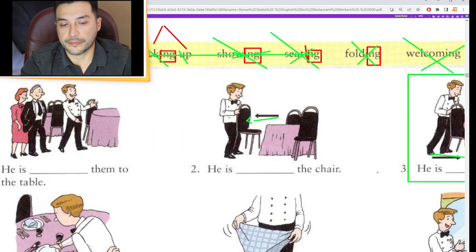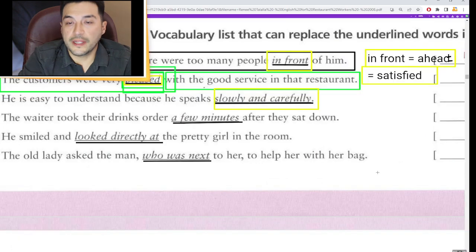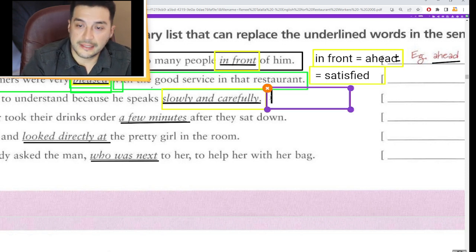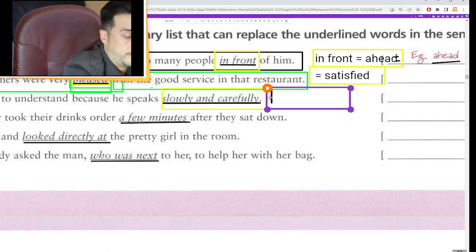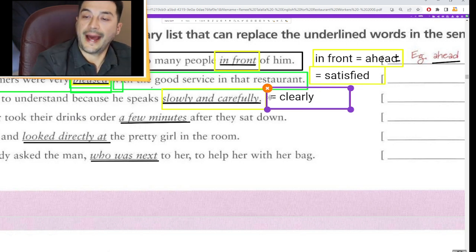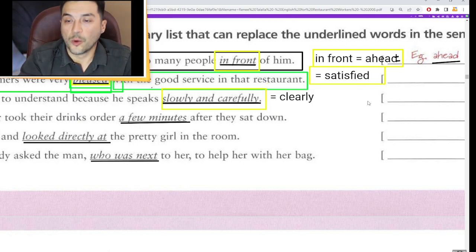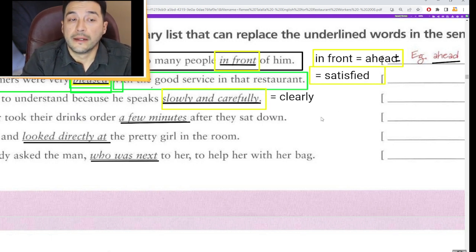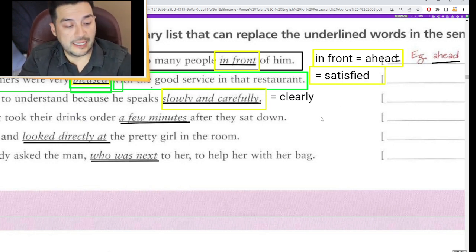Number 3, slowly and carefully means clearly. In a minute, we're gonna go and find the vocabulary in the actual class where Fred is sitting and receiving and seating the guest.